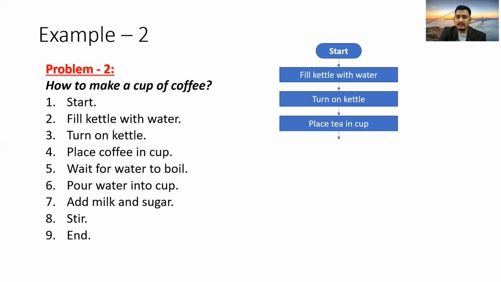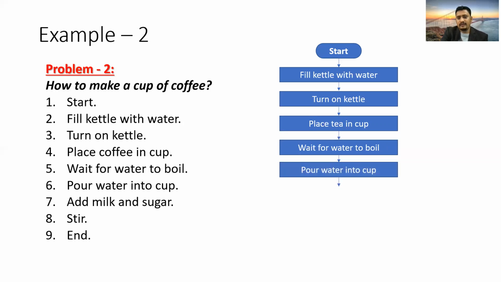And place tea in a cup. This is also processing. And wait until the water is boiled. This is also processing. It will check every few seconds, or it could be specified, 1 minute, 2 minutes. It will check.